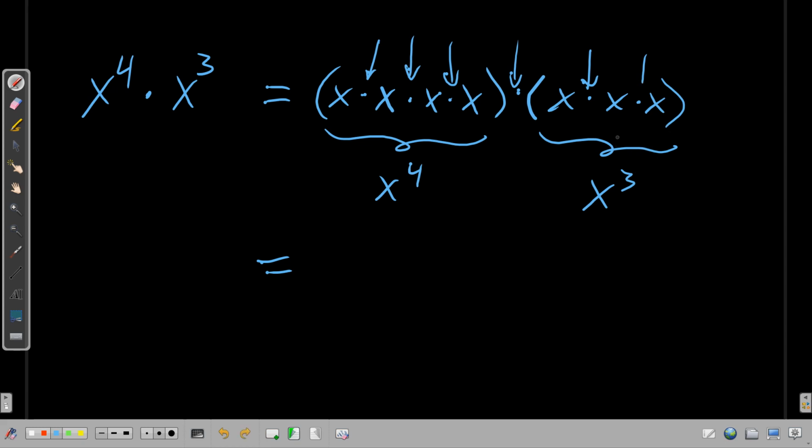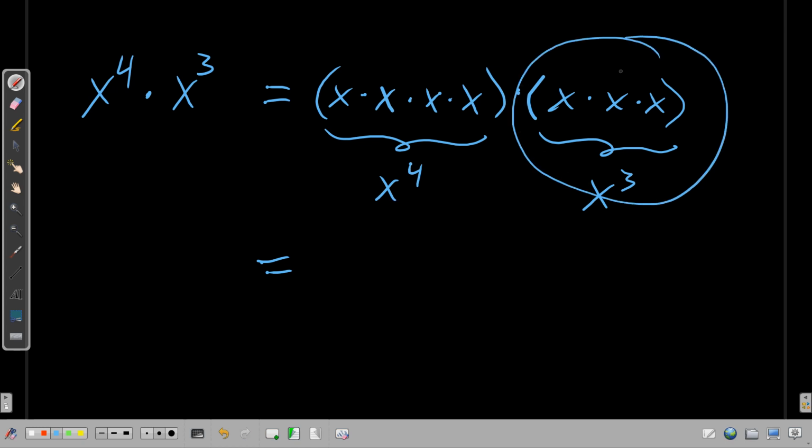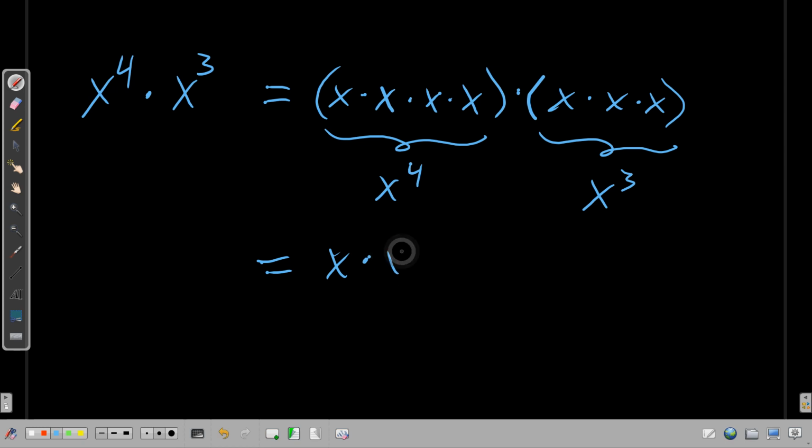There's no addition or anything else. So those parentheses are extraneous. They aren't really doing anything for me except grouping this together as x to the 4th and this as x cubed. So it's just certainly fine to ditch those parentheses.